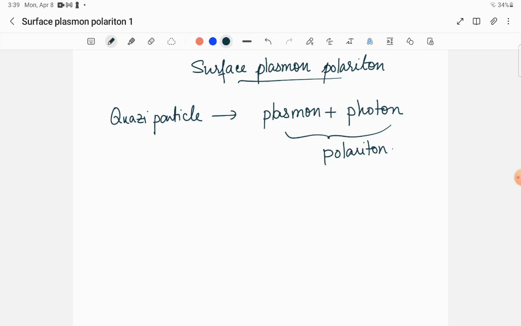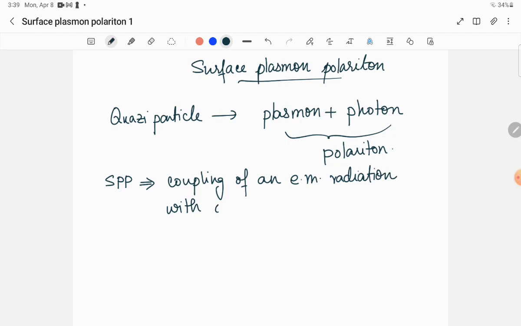Typically this SPP, as it is normally known, is the coupling of an electromagnetic radiation, which is the photon, with oscillating charges on a conducting surface.